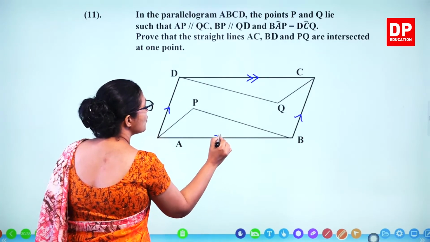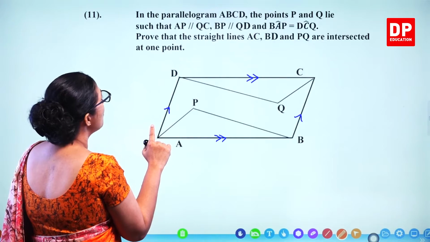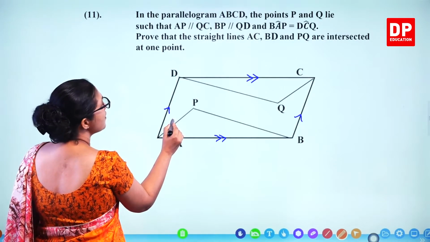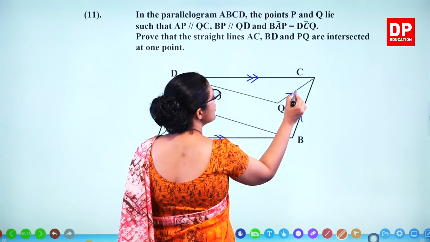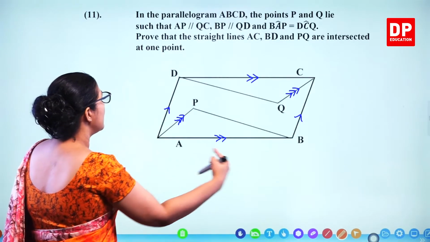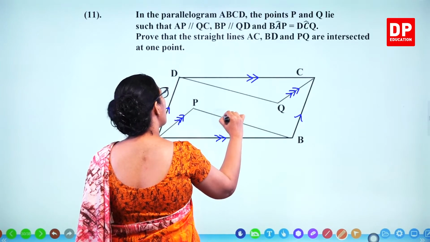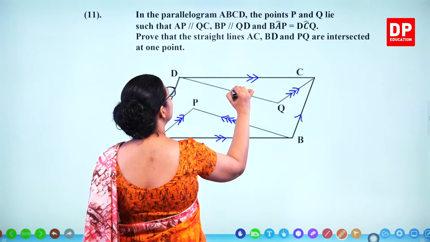The points P, Q lie such that AP is parallel to QC. So this one parallel to this one. And BP this way, so I'll put 4 arrows here, is parallel to QD.